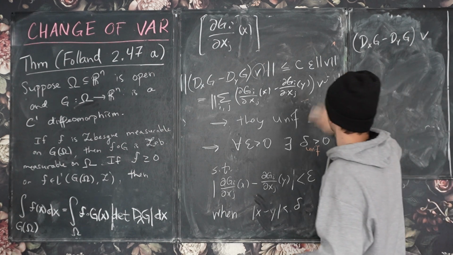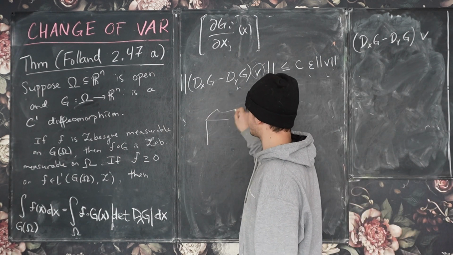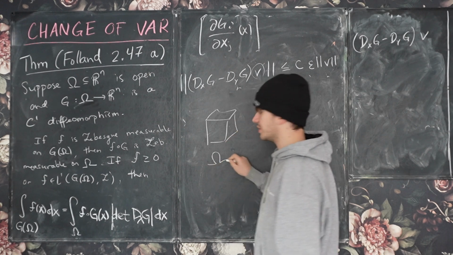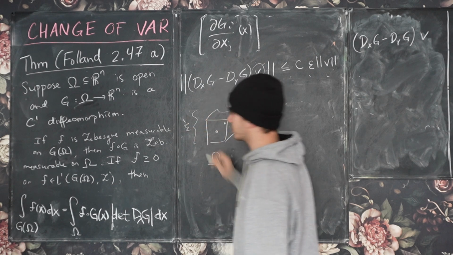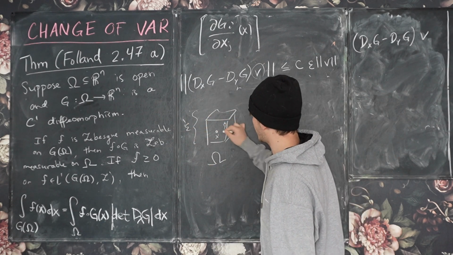Let's interpret this real quick. If I'm sitting in my domain, let's say this is a cube in omega, and this is a small cube of side length epsilon, and I have two points x and y.